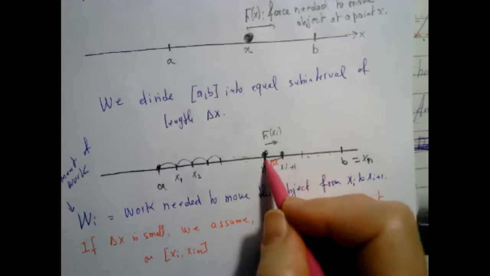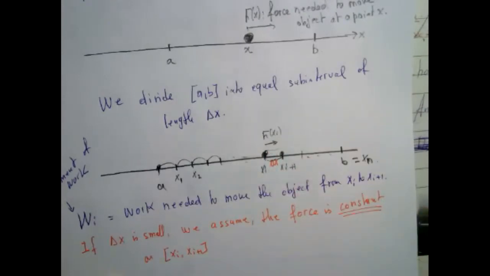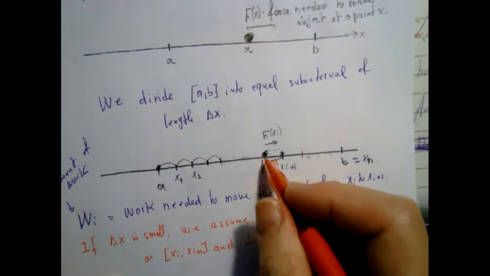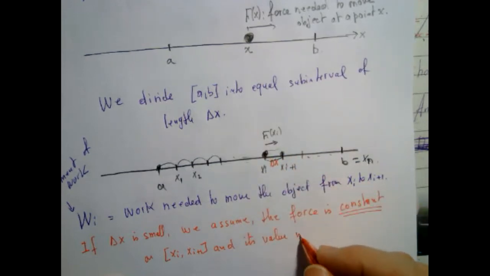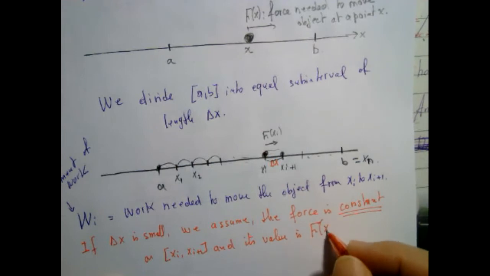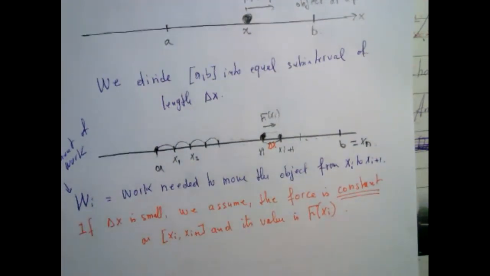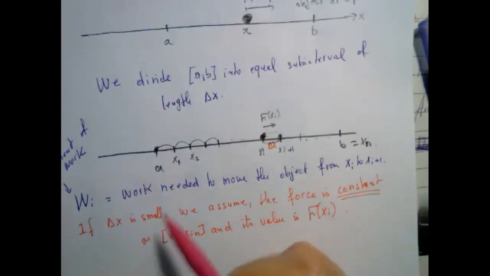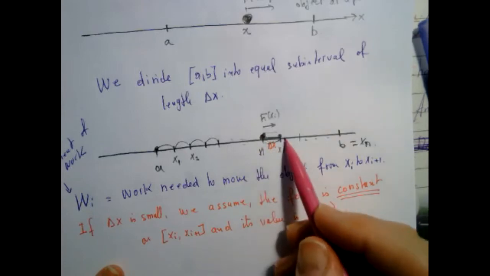But if delta x is very, very small, I can assume that on this interval the force is not really changing, and its value remains the value when the object was at xi. Its value is f of xi. That's going to be the heart of what we are doing. So we're going to assume that when delta x is small, the force is not changing on this little interval.